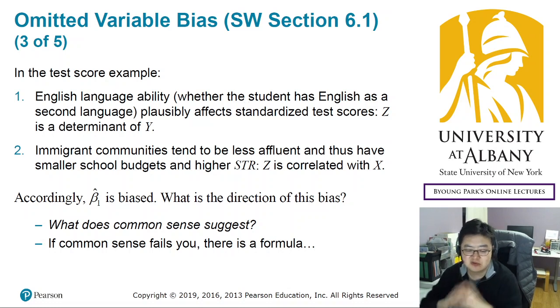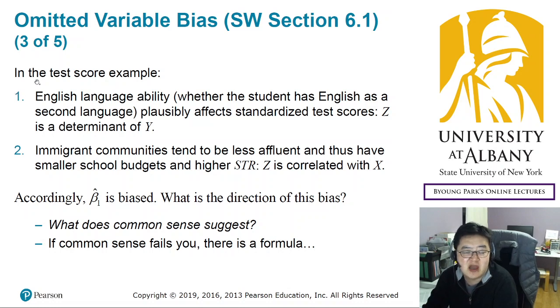Some schools have more foreign-born students, or students who speak a different language at home. So if you could observe the average English language ability of the students, then let's think about its effect on y and its correlation with x.